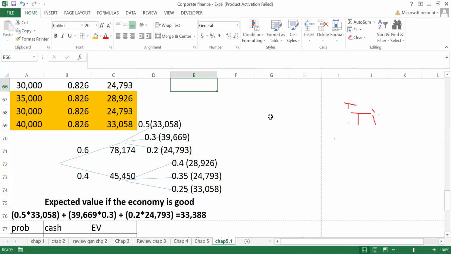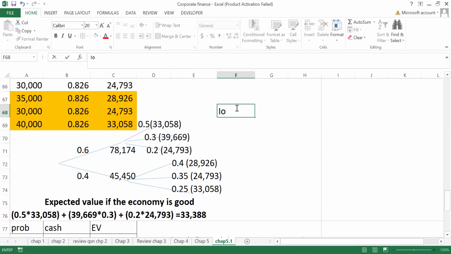So if you are to get the probability of having a positive NPV, look at this. Look at this, 78 and 33. It is positive. Our initial investment, our I0, is 100. So 78 and 33, it is more than 100.